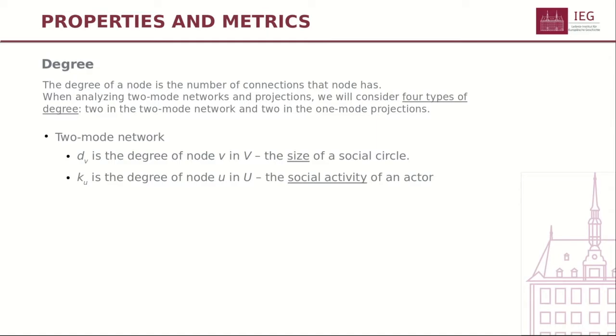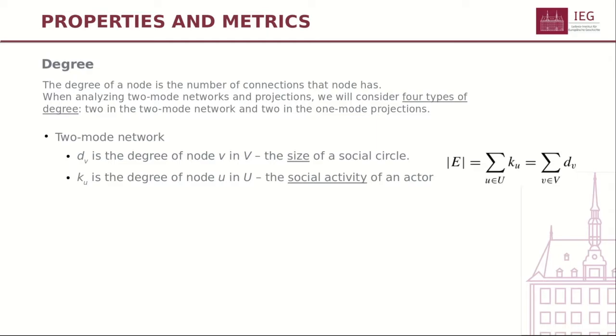Second, we have K sub U, that is the degree of node U in set U, representing the social activity of an actor. That is the number of circles in which the actor participates. Okay? And there's an important relation between these 2 that we represent mathematically like this.